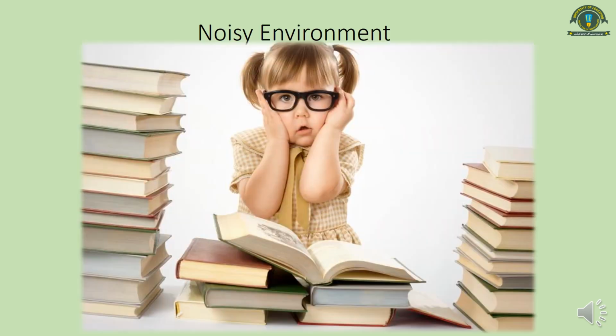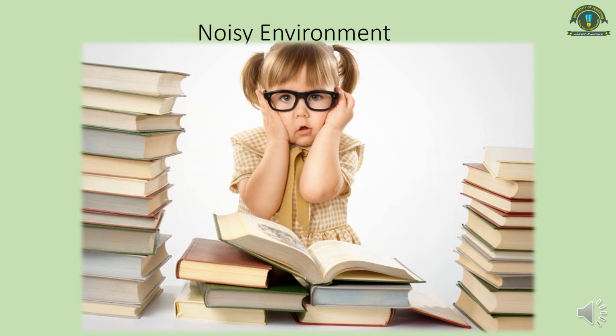Noisy environment is very harmful to your reading, because you cannot read when you are surrounded by so many people. For example, if you have just turned on a washing machine where you are sitting, after some time you will get used to that noise, but when it is switched off, you will feel some pleasure or some peace that you receive through your ear.